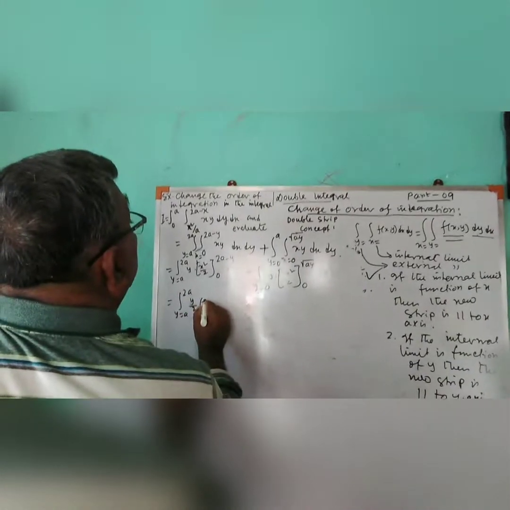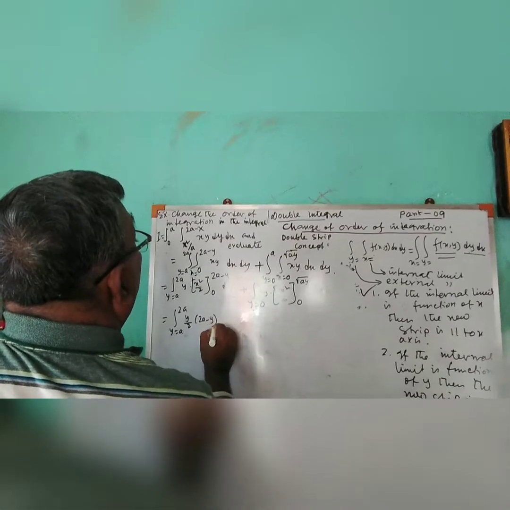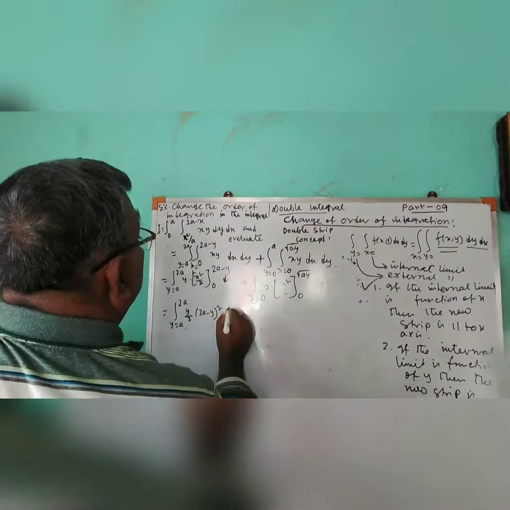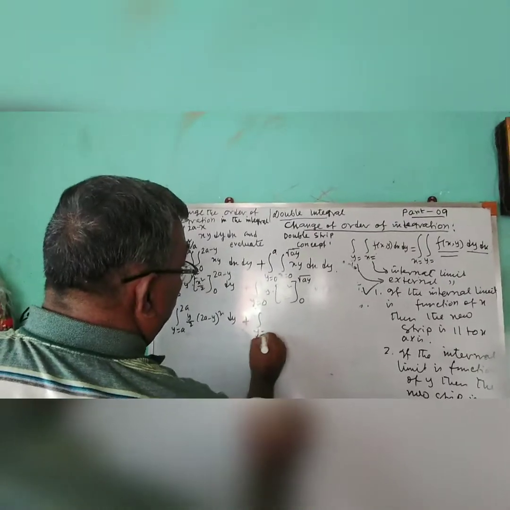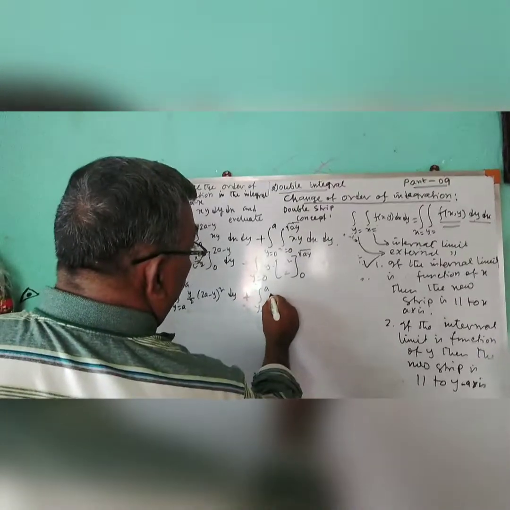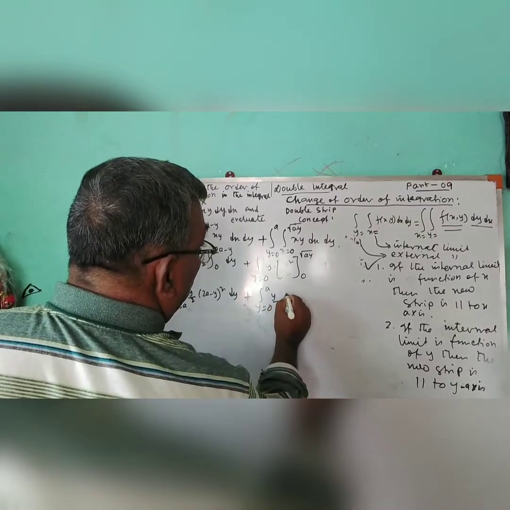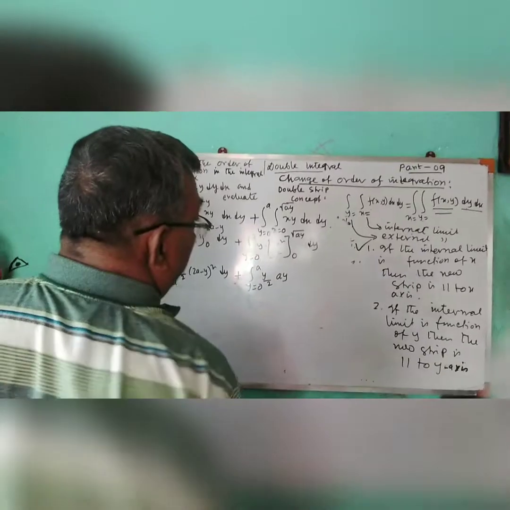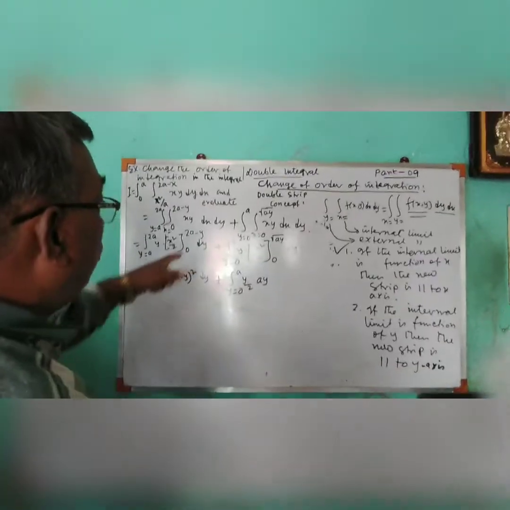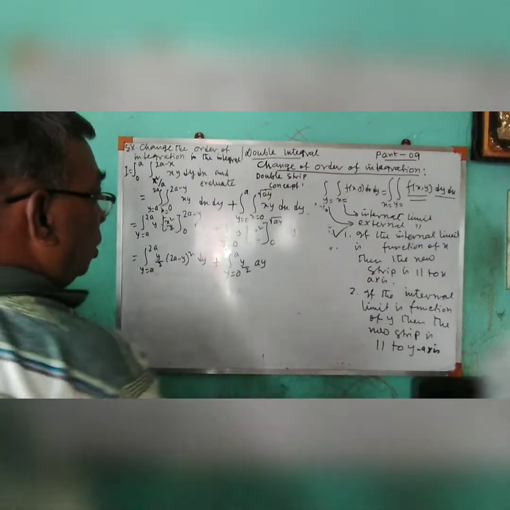Upper limit is 2a minus y whole square, minus this, will be dy, plus y equal to 0 to a y by 2 into ay minus lower limit, lower limit is 0, it will be 0. This will be dy.